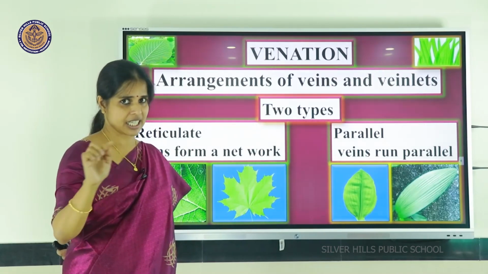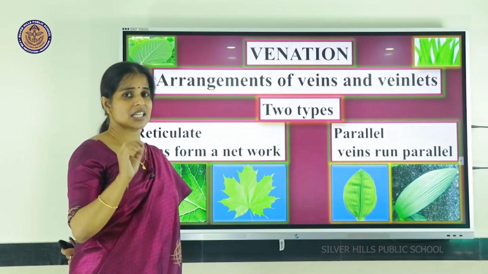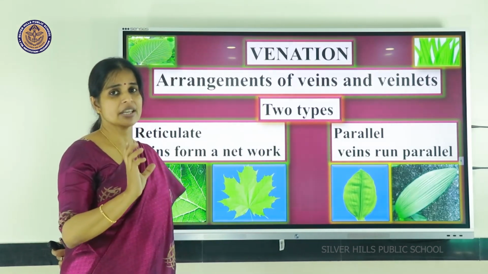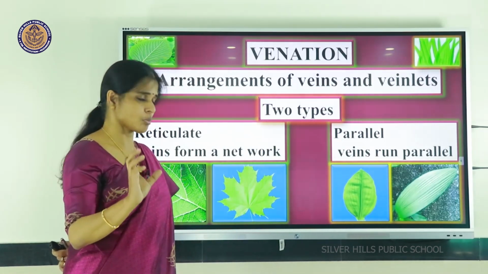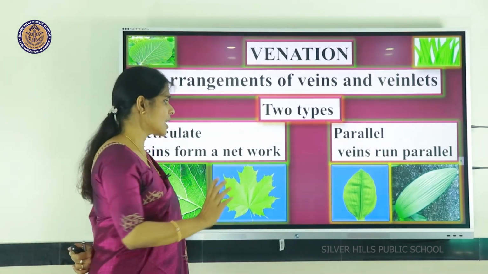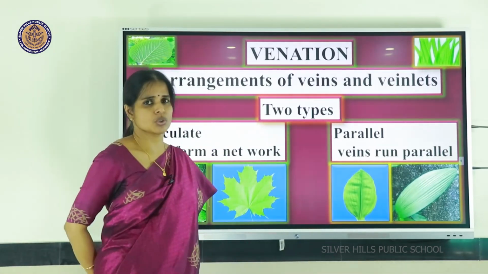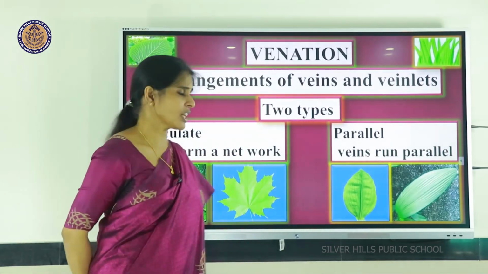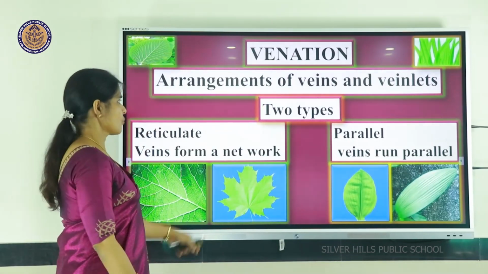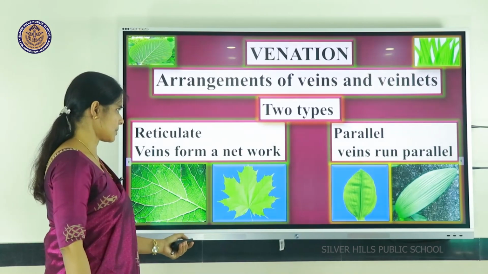All the veins are arranged parallelly, with no network structure. Plants whose leaves have parallel venation are all monocots. So, venation is of two types, reticulate venation and parallel venation. Venation means the arrangement of veins and veinlets.